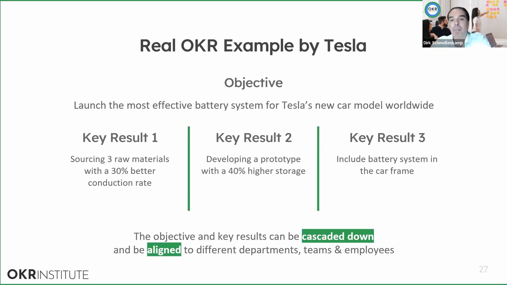Key result number two, you turn into an objective of R&D department number one. Key result number three, you turn into an objective of R&D department number two. You can see that's a typical, we call it explicit model, where you cascade your objectives or your OKRs further down to the lower level.